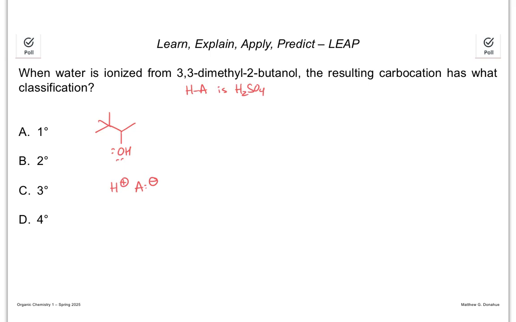So I'll draw the full mechanism on this slide. The subsequent questions we'll sort of answer as we go. So our alcohol is the base, sulfuric acid is the acid. I'm going to represent that as HA. So the first thing we do is protonate the oxygen.